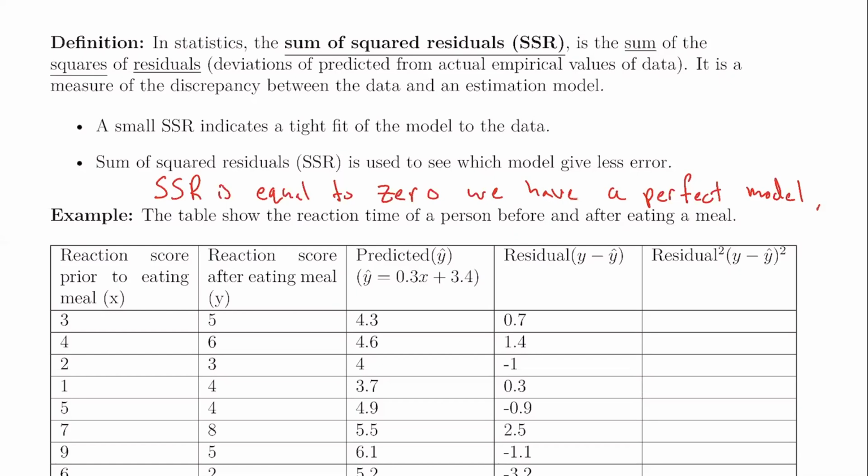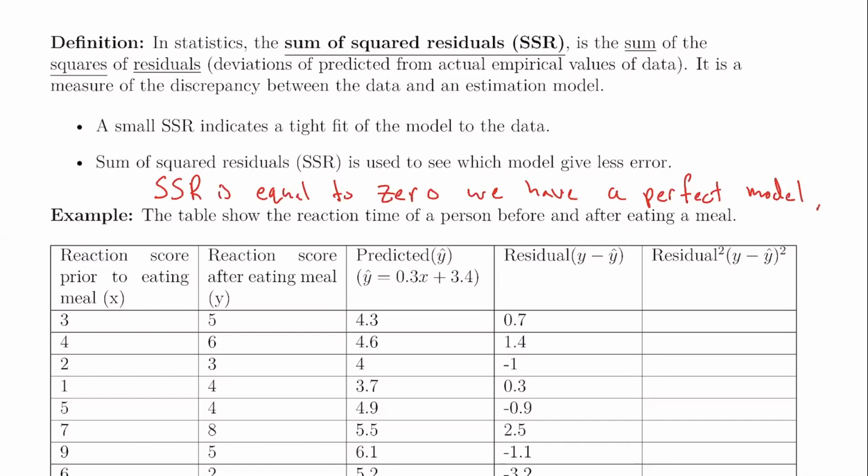The higher the sum of square residual is, the worse this model is for this data set. So you just kind of know the basics of what the sum of square residual is. The closer to 0, the better the model is. The further away from 0 it gets, the worse the model is.